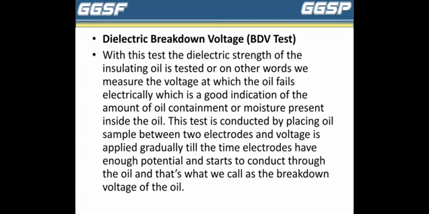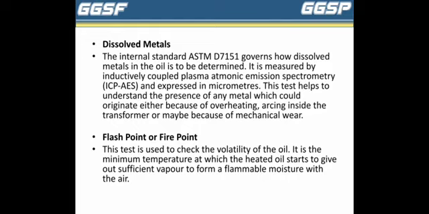This test is conducted by placing an oil sample between two electrodes and voltage is applied gradually until the electrodes have enough potential and start to conduct through the oil, and that's what we call the breakdown voltage of the oil.